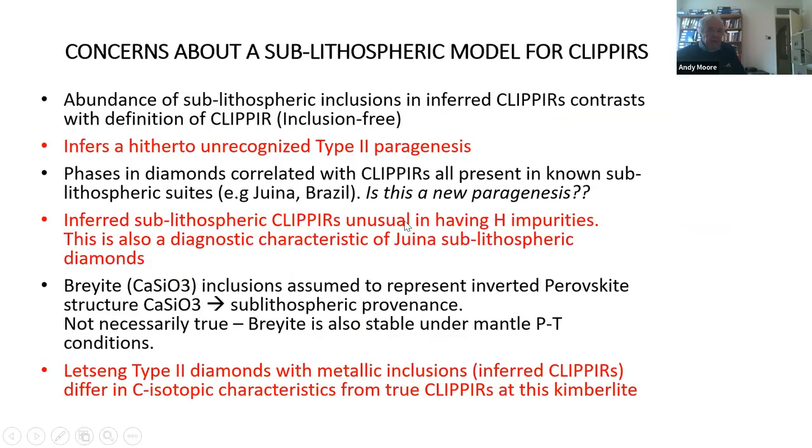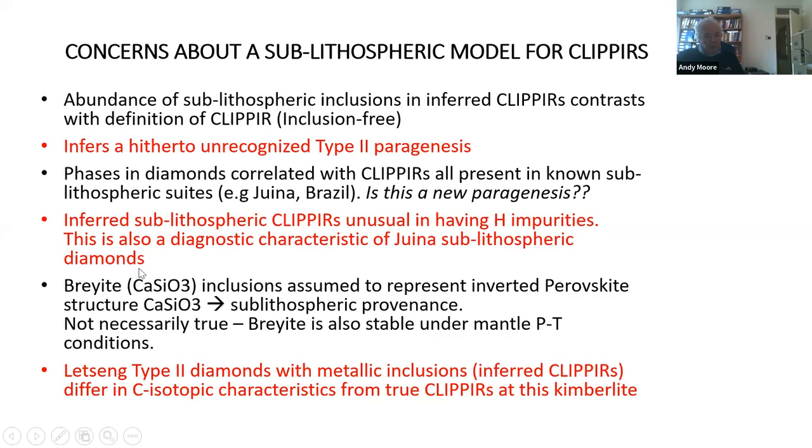So these are some of the concerns that we have about the sublithospheric model. Firstly, many of the samples were inclusion rich. It infers a hitherto unrecognized paragenesis, but most of the phases also occur in the sublithospheric population at Juína in Brazil.